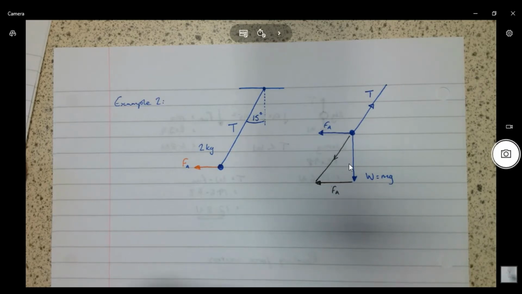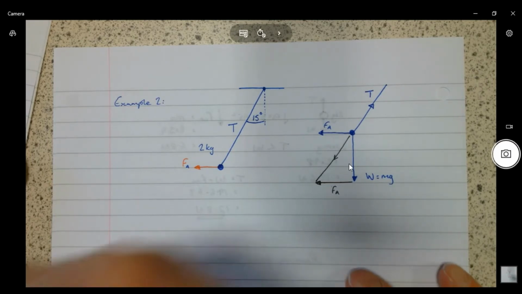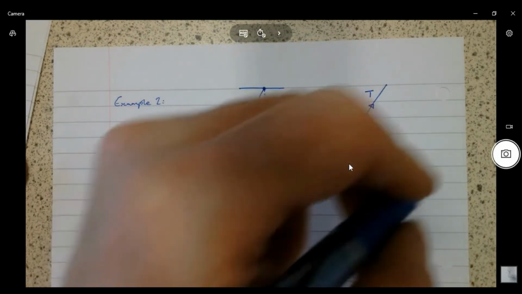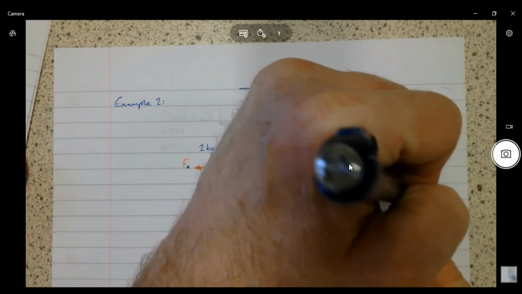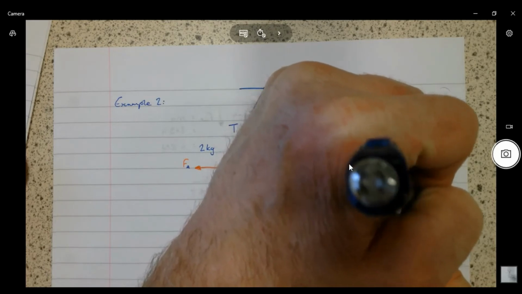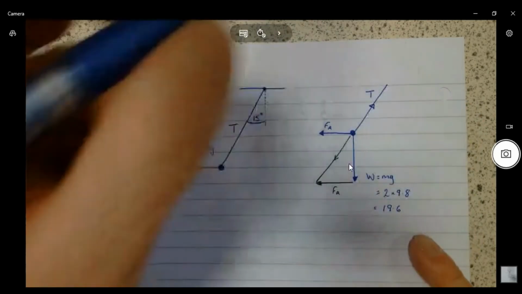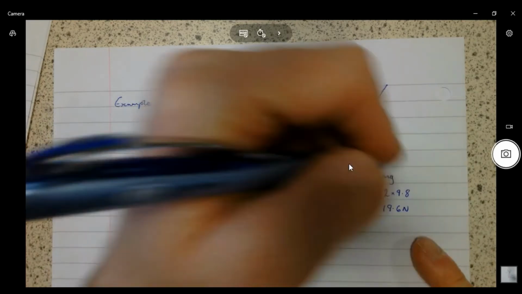We have a known, and that known is mg. So 2 kilogram mass times 9.8 gives us 19.6 newtons.